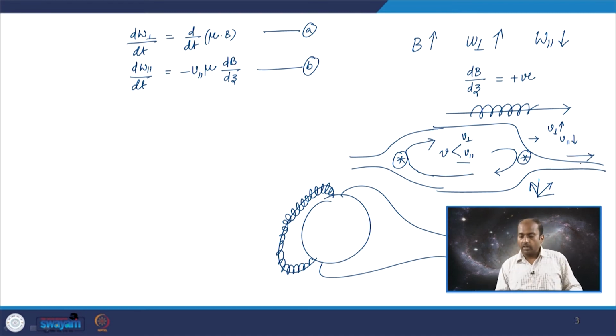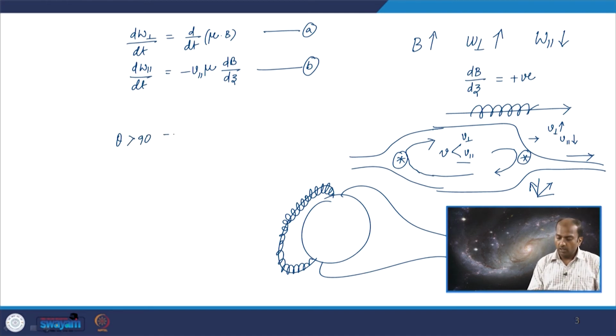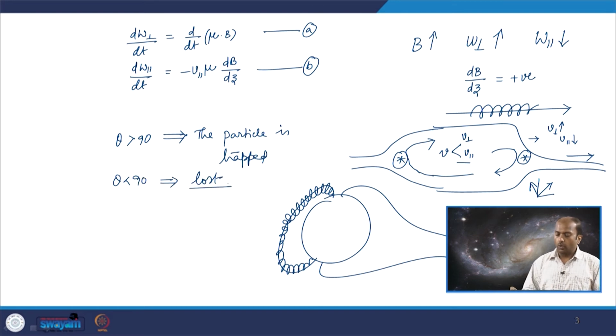So if theta is greater than 90 at the mirroring point, we consider the particle to be trapped. If theta is less than 90, the particle is simply lost.